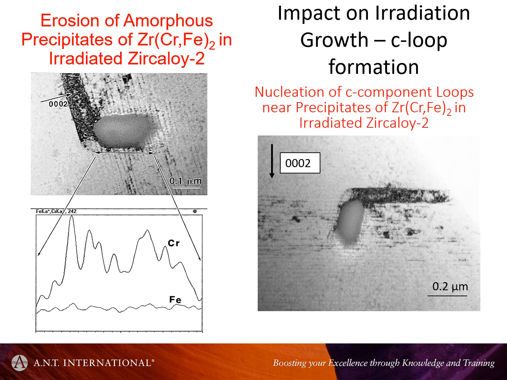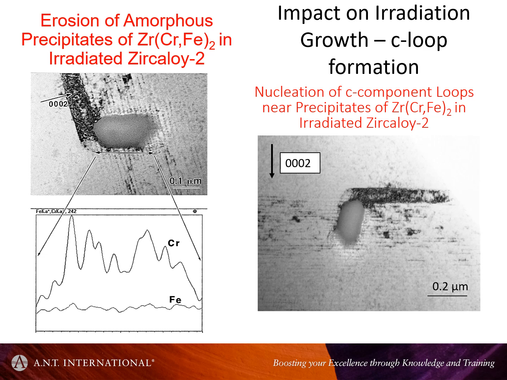And this erosion, or this structure parallel with the basal plane, corresponded with where you see C-component loops. So there was an indication here that the loops were stabilized by the increase in the impurities in the matrix.